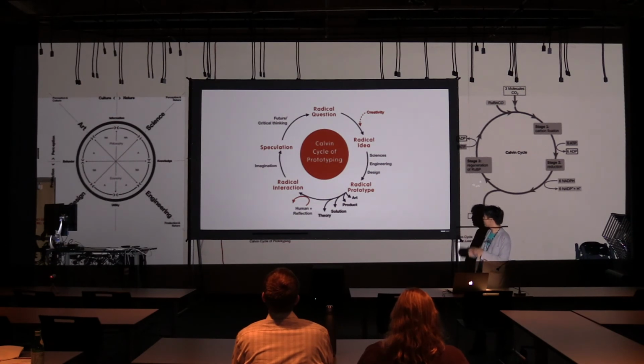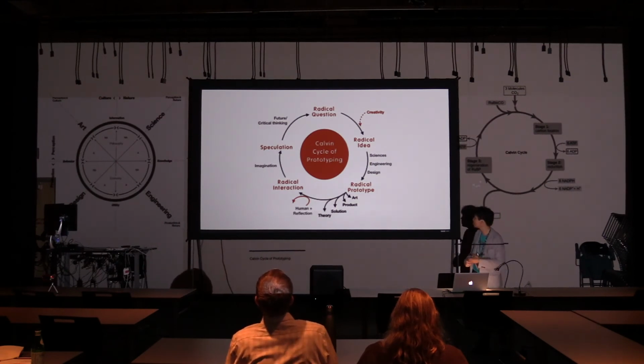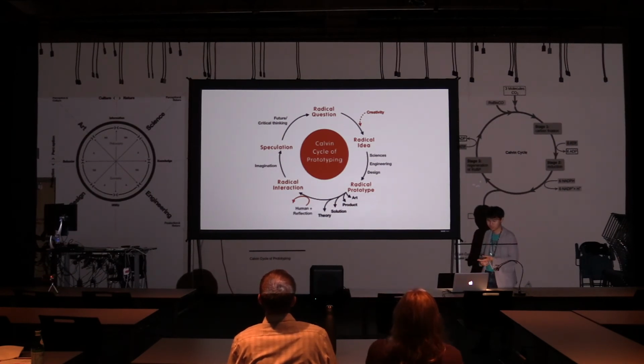So the Kelvin cycle of prototyping highlights the importance of asking radical questions that lead to the creation of radical ideas through prototyping and radical interaction, which at the end leads to a new speculation about the future and inspires the next questions.